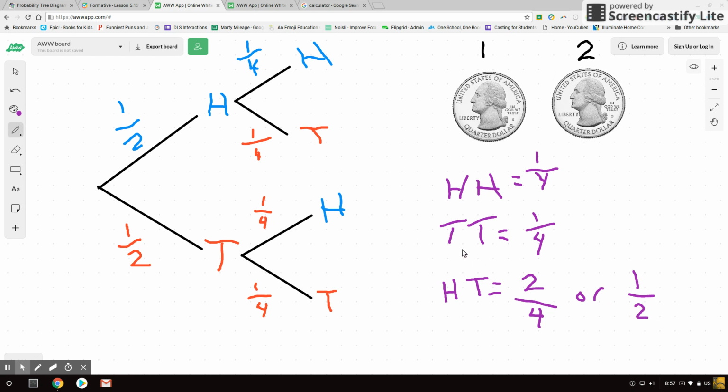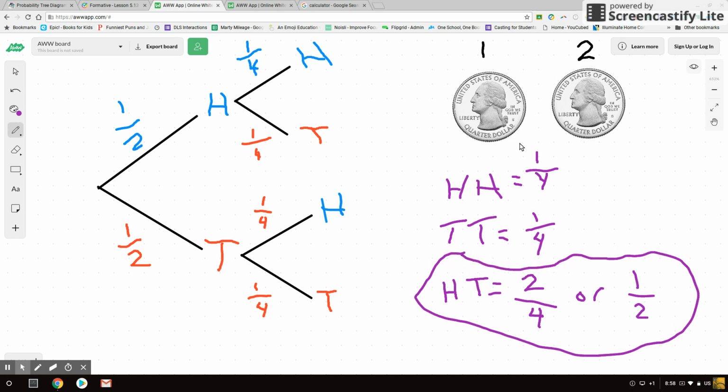So this is your best probability. When you flip two coins at the same time, you're most likely to get one of each, because we have two possible paths that would get us one heads and one tails, where we only have one path that would get us two heads and one path that would get us two tails.